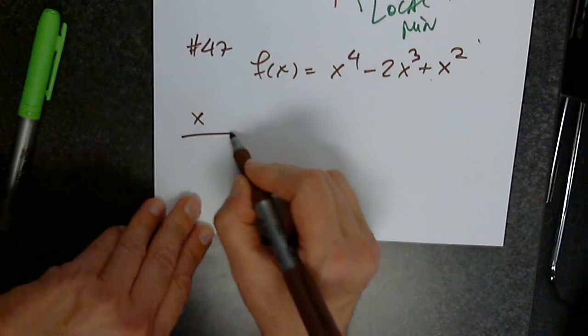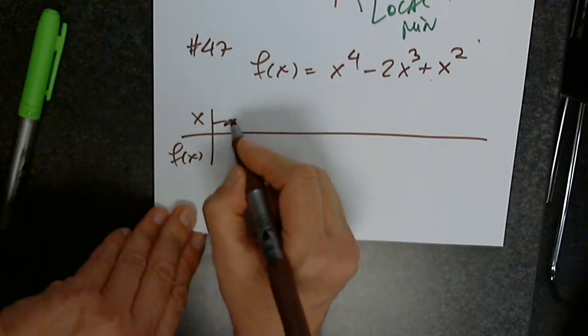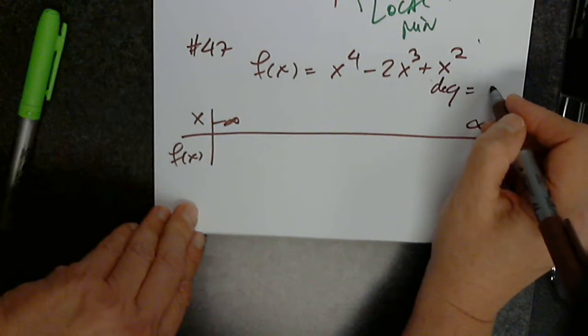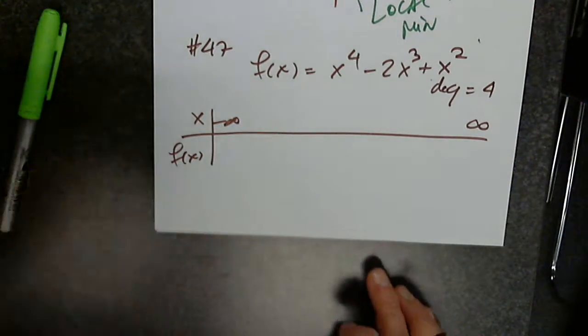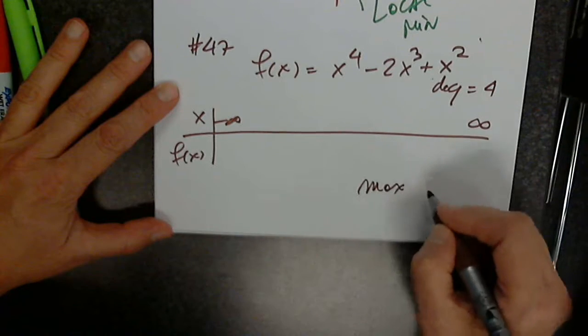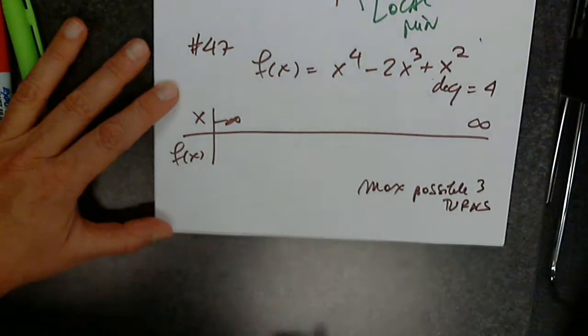Okay, domain. Degree. Good. What is the maximum possible number of turns? Yes. Max possible 3 turns.